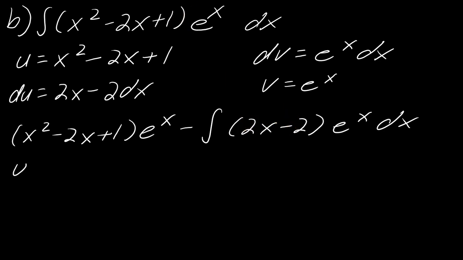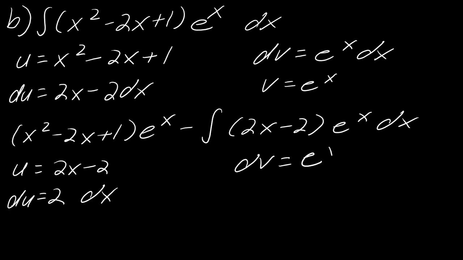Now my u will be 2x minus 2, so my du will be 2 dx. My dv is still this e to the x dx, and my v is e to the x. We want to make sure we don't forget this part of the integral, so let's make some space.